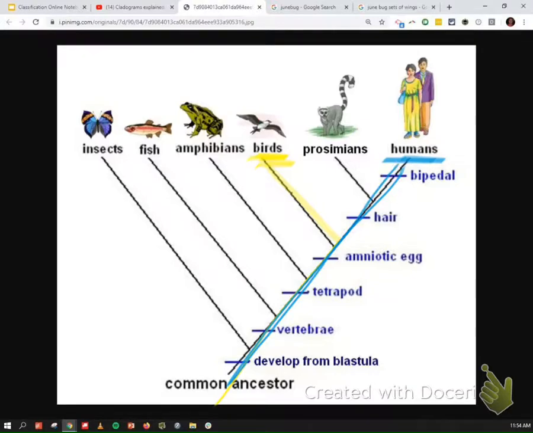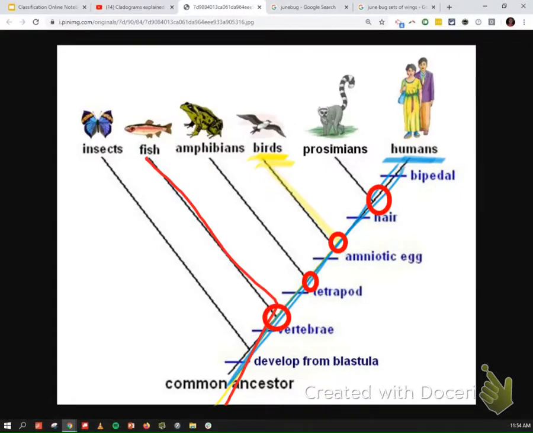Going back, how many intersections back do we have to go to find the common path? 2, right? So let's compare that to fish. Here's the fish. How many back will we have to go to get to the fish? 4. Yes, we have 1, 2, 3, 4.